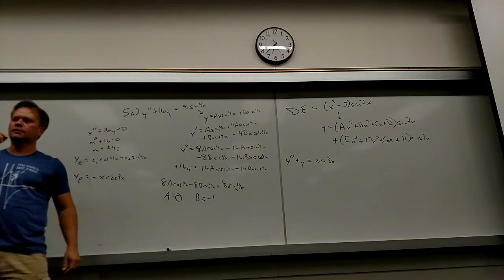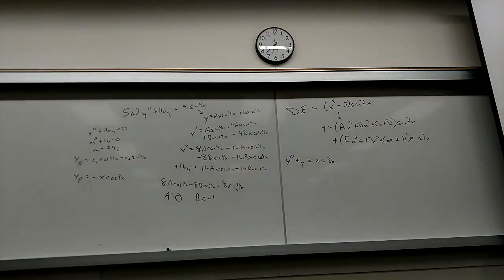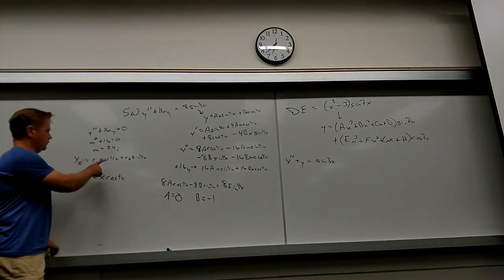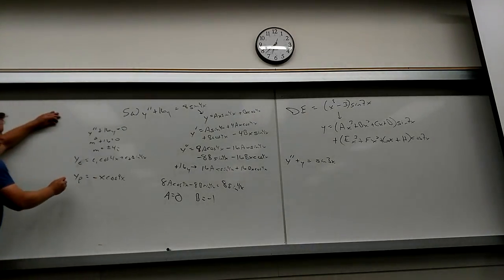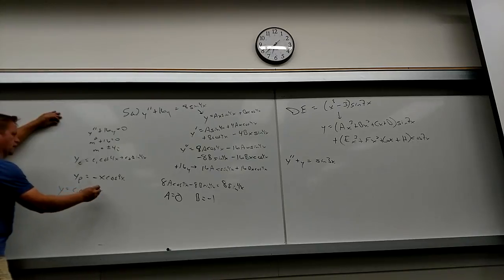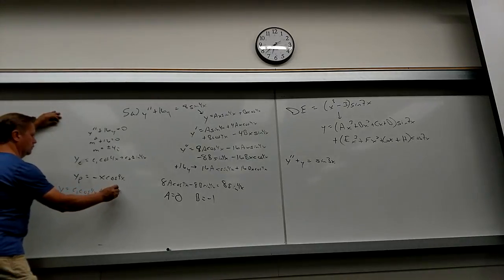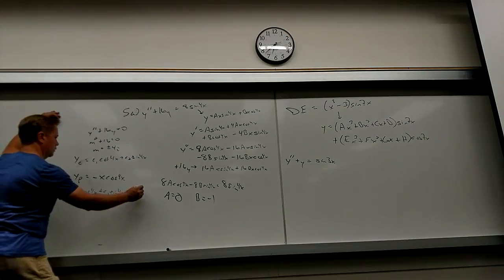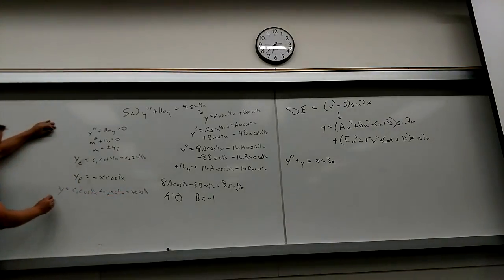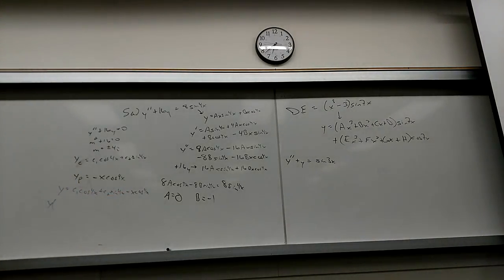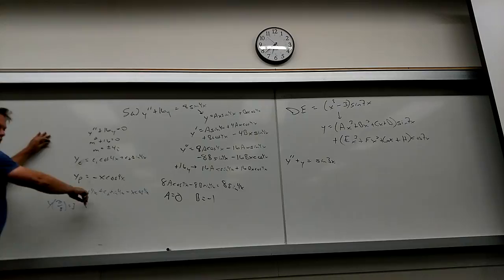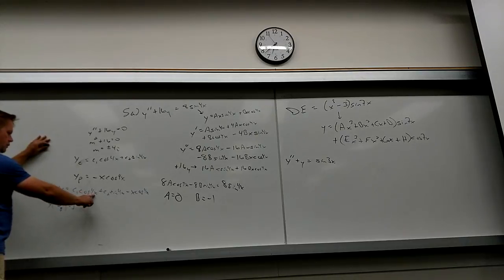Yes, sir. For number 5, so we just find C1 and C2 then? Yeah. So to finish that one off, y of pi over 8 has to equal 3. So that means, what's cosine of pi over 2?